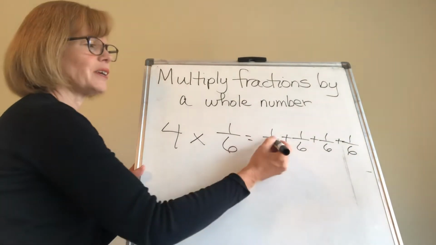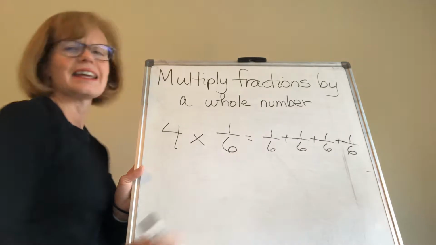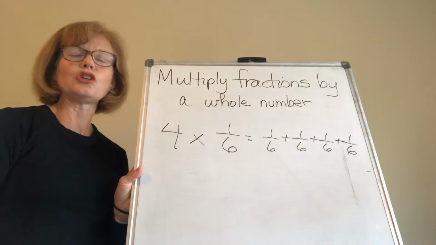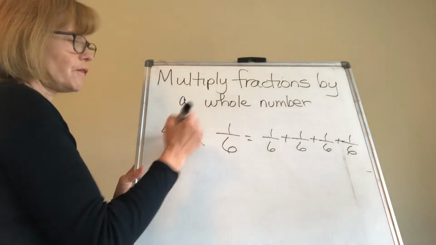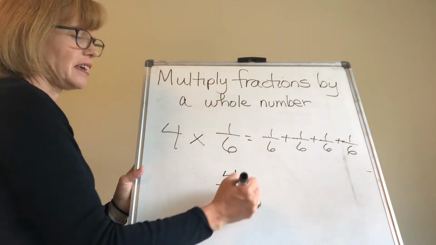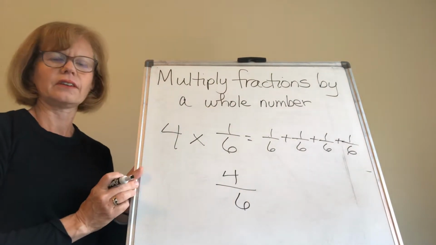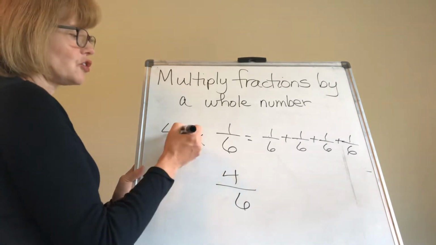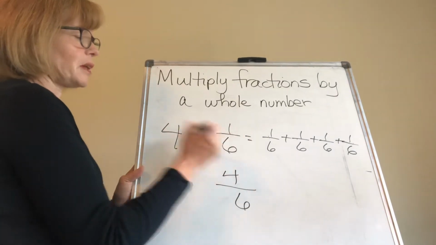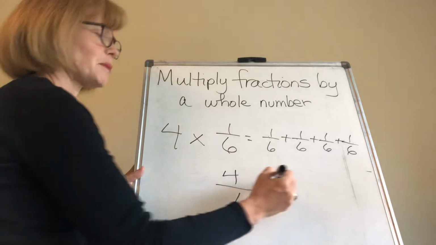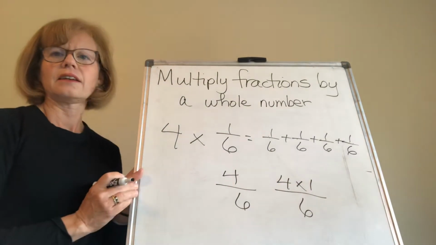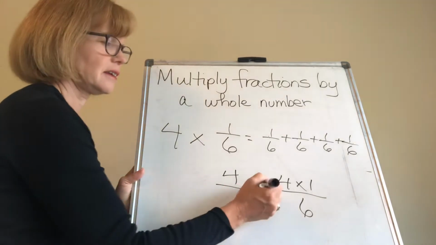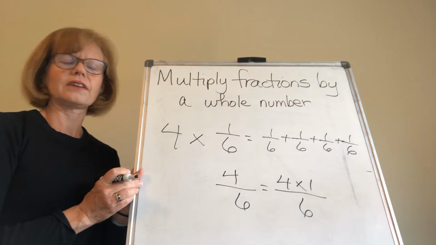And all I'm doing is adding my numerator, 1 plus 1 plus 1 plus 1 is 4. 4 times 1/6 is 4/6. I could even show you that what I've done is multiplied the whole number times my numerator. So 4 times 1/6 is 4/6.